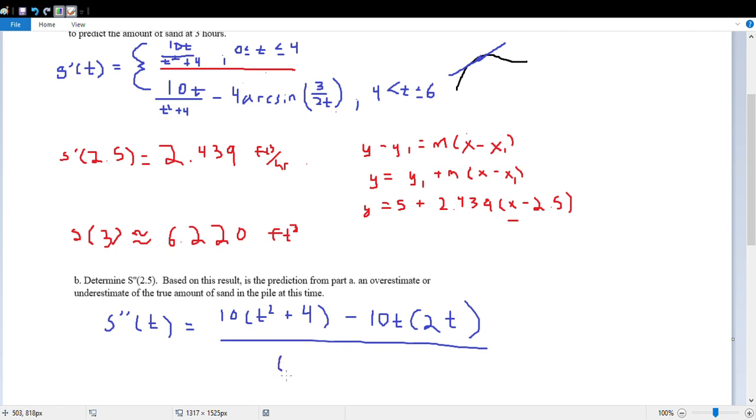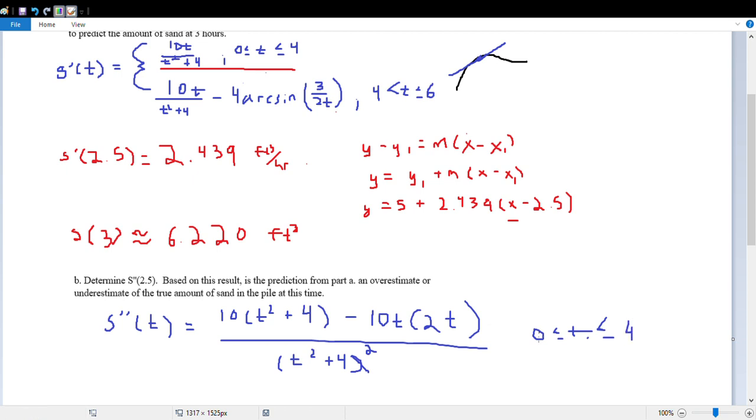And we can also just have our calculator evaluate a numeric derivative here. And so there we go. So that is S double prime as long as t is between these values.